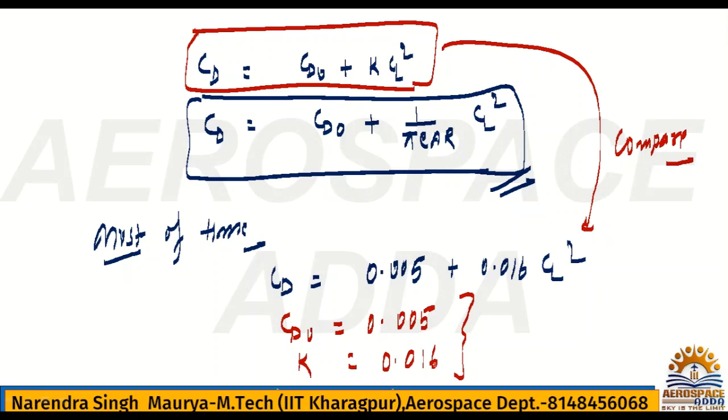Otherwise, if they give CD is equal to 0.05 plus 0.016 CL square, then how will you use this equation? For that reason, I have explained here what is the drag polar equation. So drag polar equation is CD naught plus K CL square. You compare it. CD naught is 0.05 and K is nothing but 0.016.